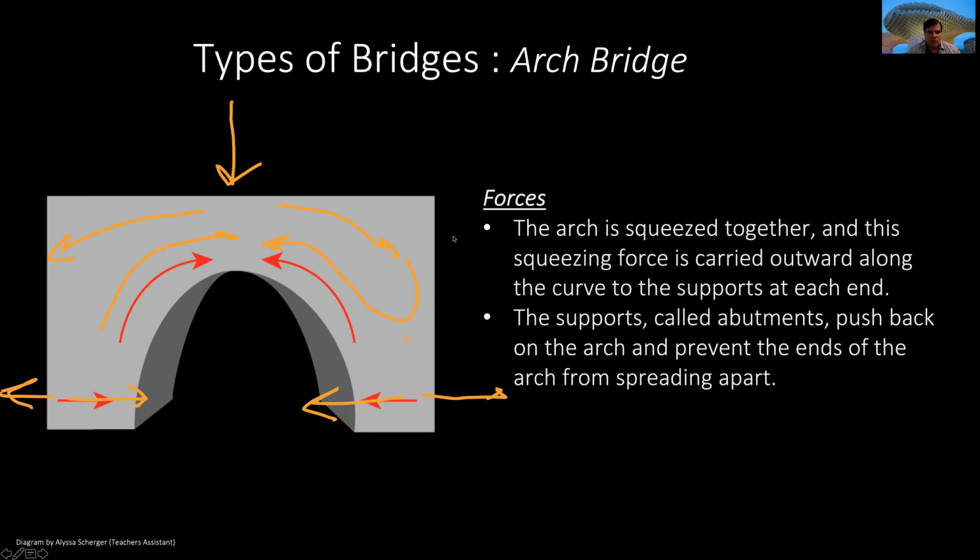And that will be able to support all the weights. Remember, for every force to the left, we need a force to the right. For every movement going up, we need a movement going down in order to have an equilibrium of forces.